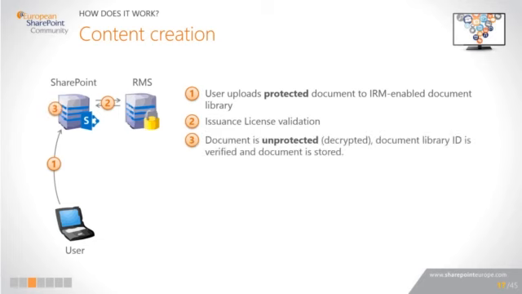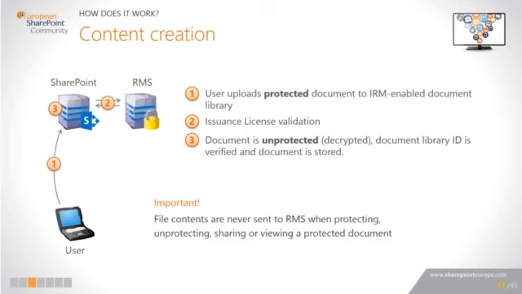Once validated, SharePoint decrypts the file contents and checks if the document library ID contained in the issuance license is valid. If so, the document is then stored unprotected. One takeaway here: when protecting or unprotecting files with IRM, the file contents are never sent to RMS. Encryption and decryption is always performed by the IRM-enabled application, in this case, SharePoint.